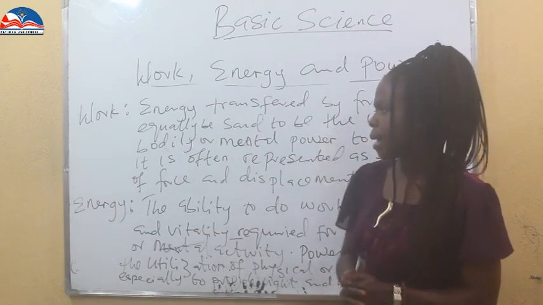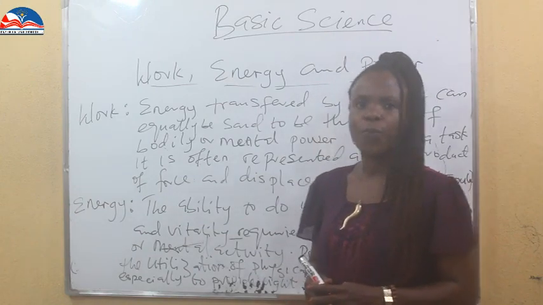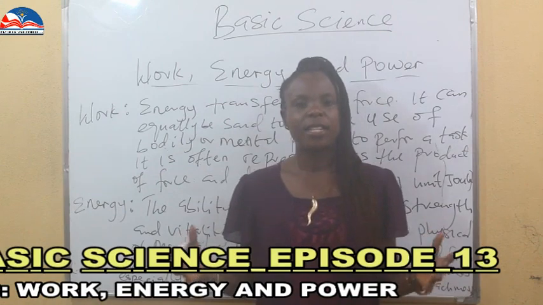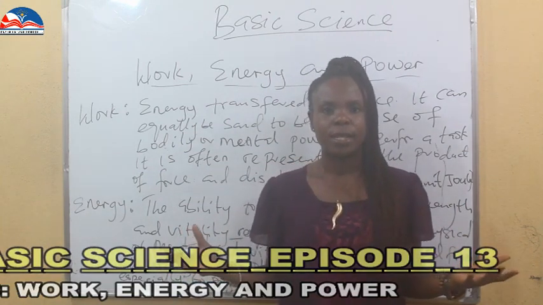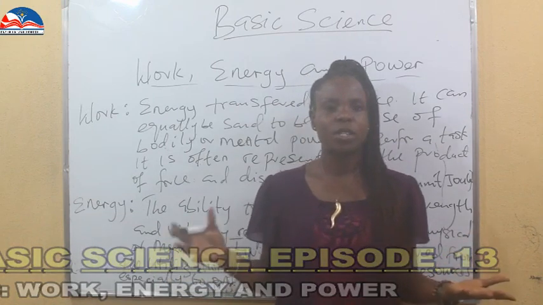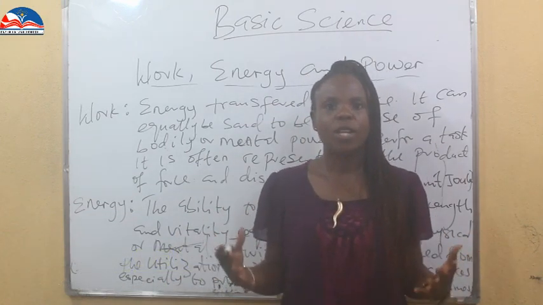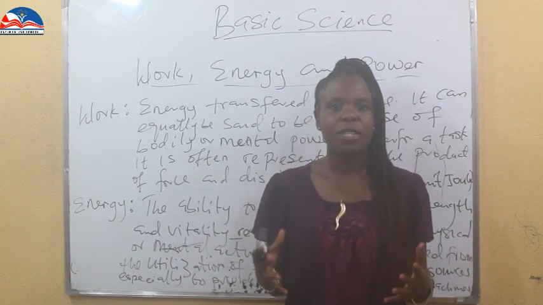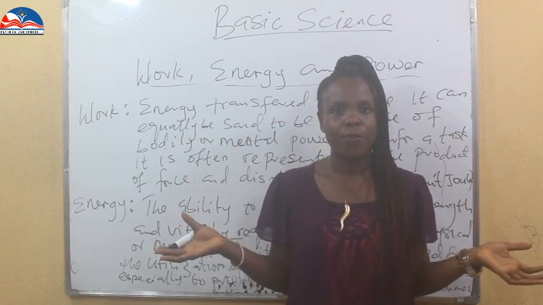Then we look at energy. What is energy? Now, in our normal everyday life, energy is that which is converted into heat. Energy is that which is converted into light. So that which gives us heat and light when converted can be said to be what? Energy, in our normal everyday life.